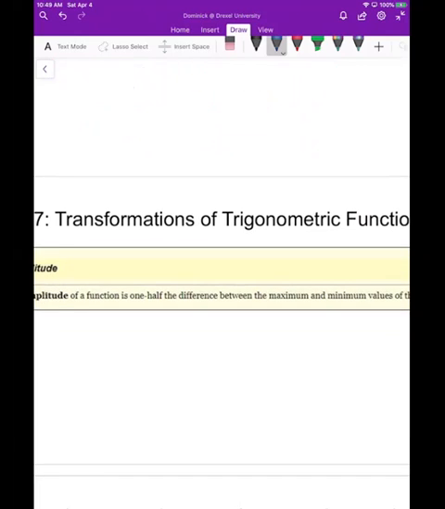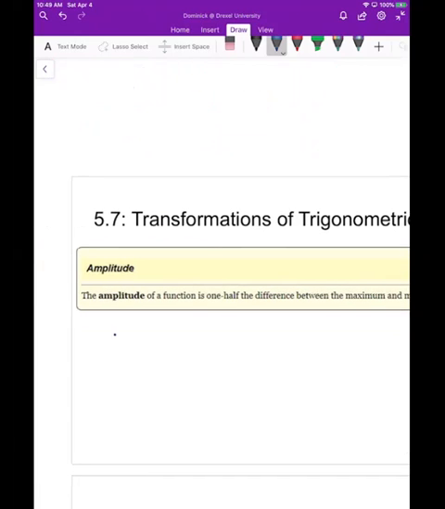So for example, for cosine of x, since its range is -1 to 1, well, what's the difference of these highest and lowest values? It's 1 minus -1, and then we're dividing that by 2. So this is 2 over 2. So cosine of x has amplitude 1.